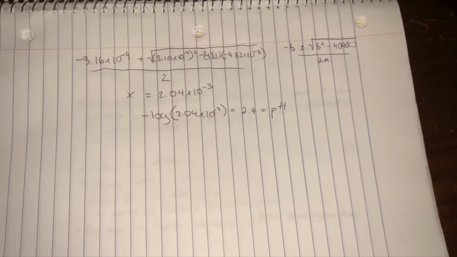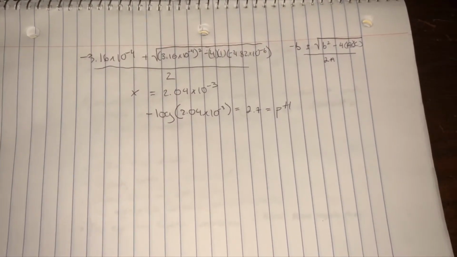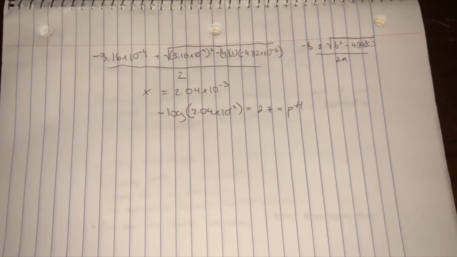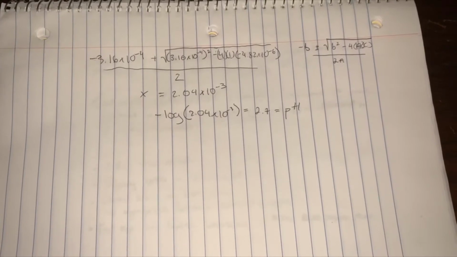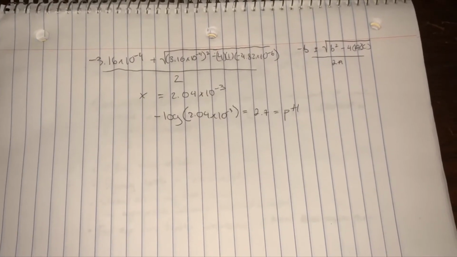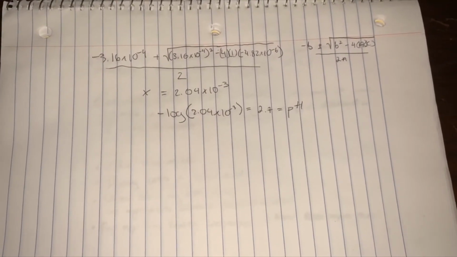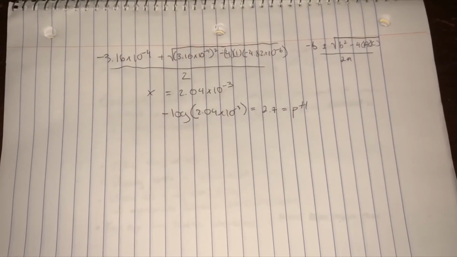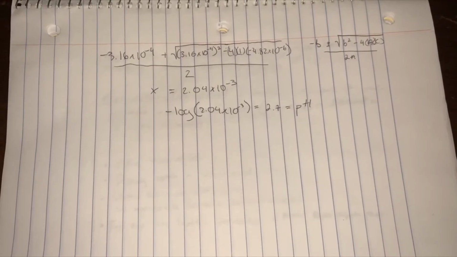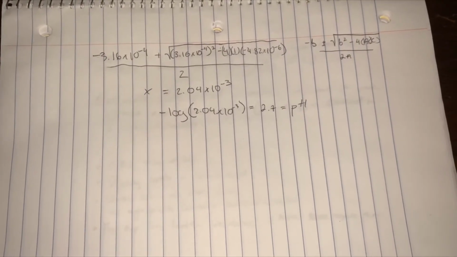We took the approach of doing a RICE table, finalizing it with the quadratic formula to find the concentration of H plus after the balanced equation had taken place, and finally doing the negative log of our concentration to then find the pH value, which is what we needed to find in the problem.